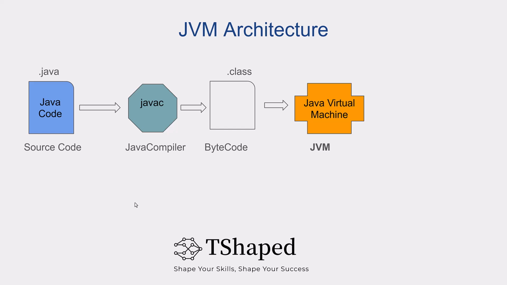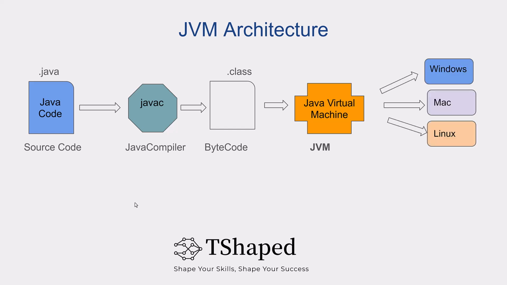Then the JVM internally makes use of some components, especially the interpreter, and converts this bytecode into a machine-understandable format, which can run on any machine, whether Windows, Mac or Linux. This makes Java follow the WORA, write once, run anywhere philosophy, because the JVM abstracts away the underlying hardware and OS specifics.